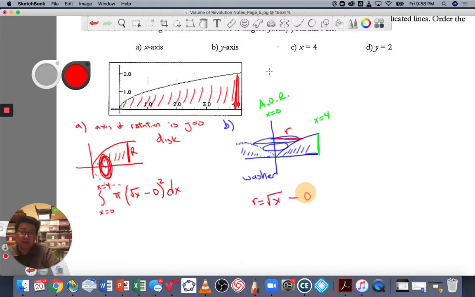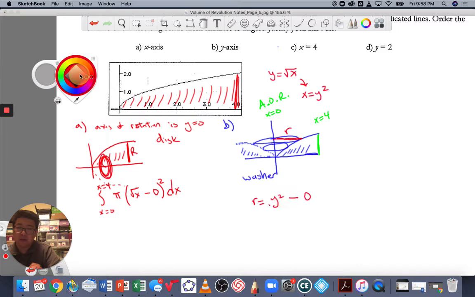Instead of y equals the square root of x, remember our equations have to be x equals. So this gets turned into x equals y squared. Okay? So taking our little eraser here, erase this, and what this will be is y squared. Because remember, our equations have to be x equals.